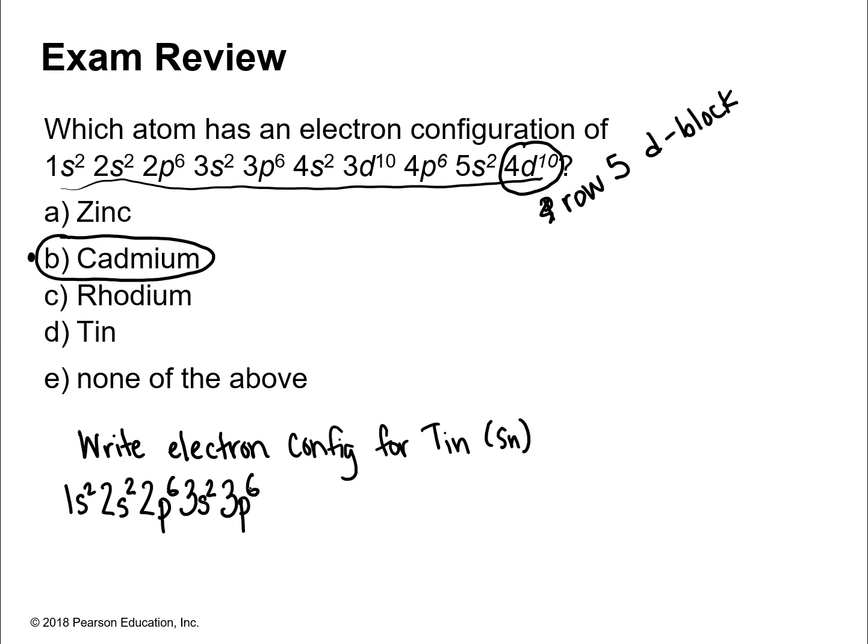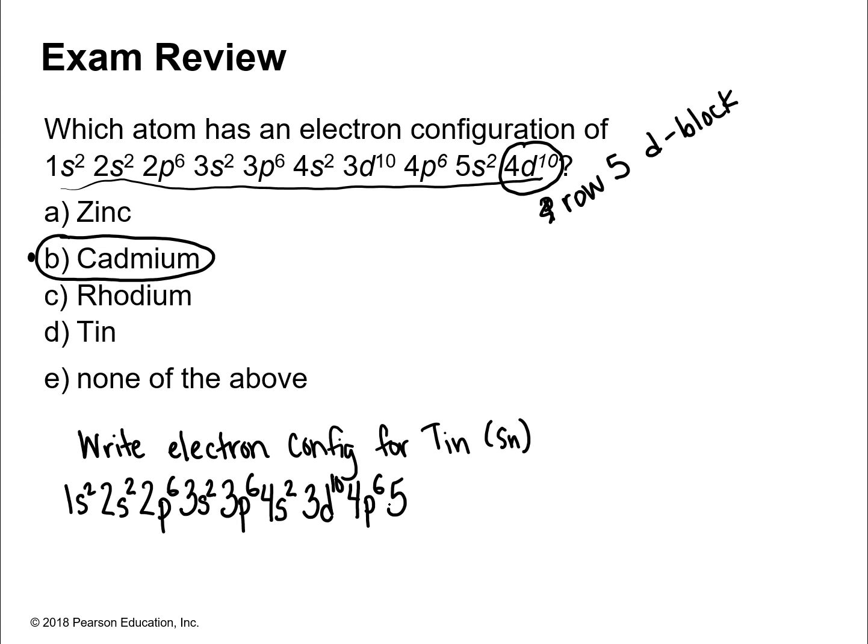We're only finishing up the 3rd. So that means we've got to fill in the 4s. After we fill in the 4s, we go back and fill in the 3d. Then we continue on to the 4p and fill that.